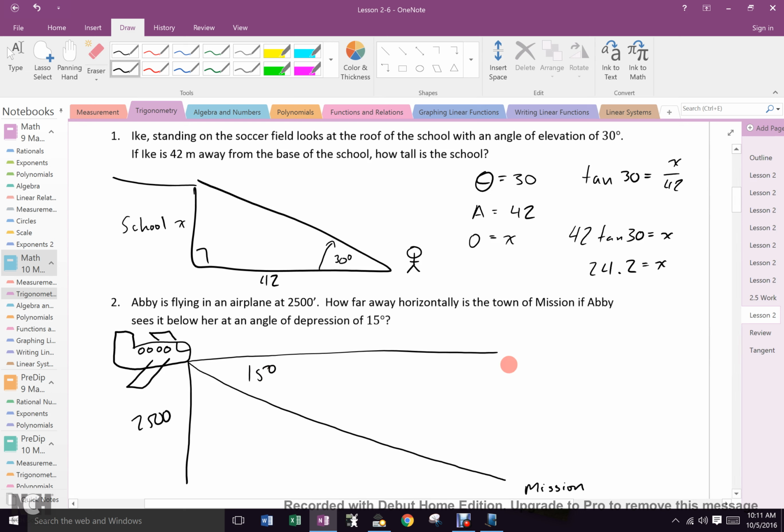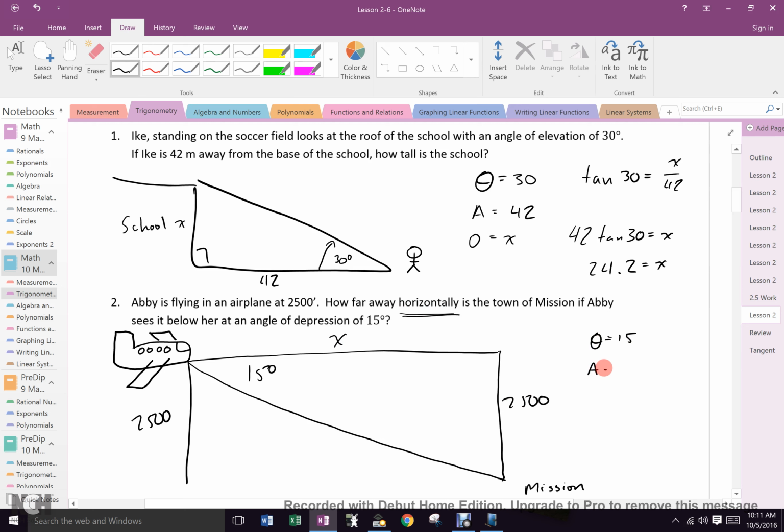Do I have a triangle yet? No, I have lines. Now I have a triangle. How long is this side if I know that the plane is 2,500 feet in the air? 2,500 feet. I want to know how far away horizontally is Mission. So I need this. Do I have a theta? What is it? 15.